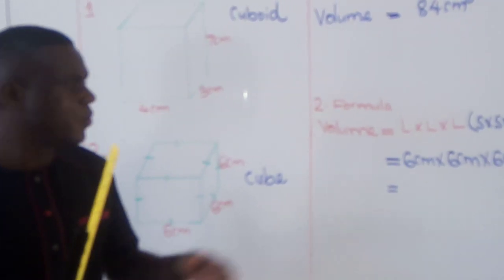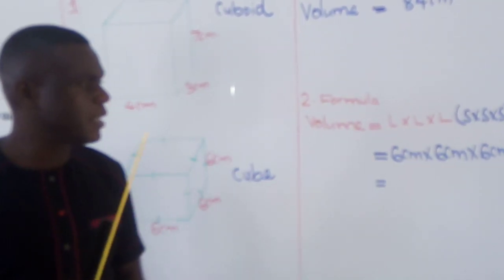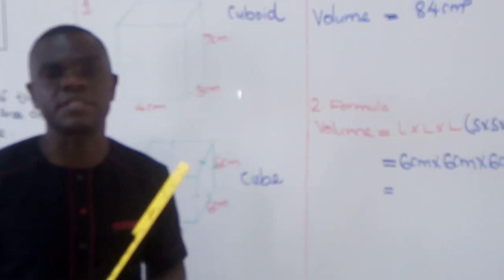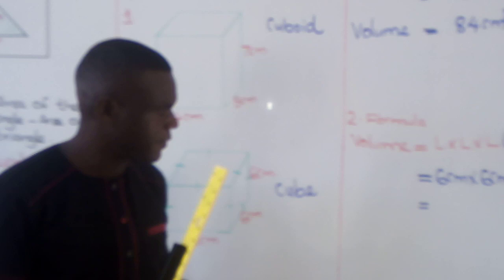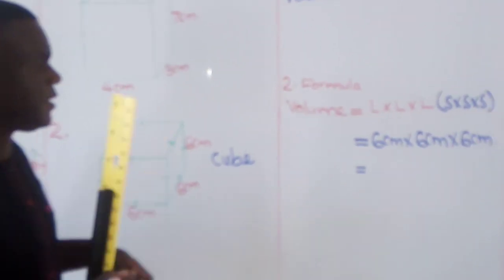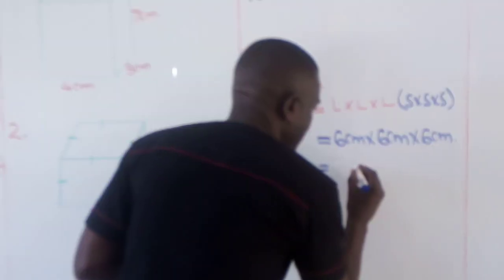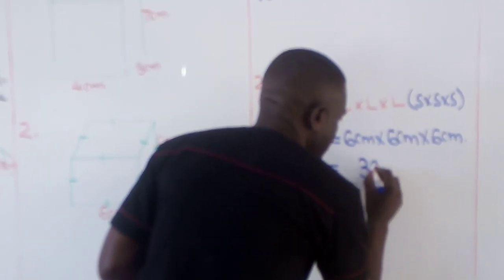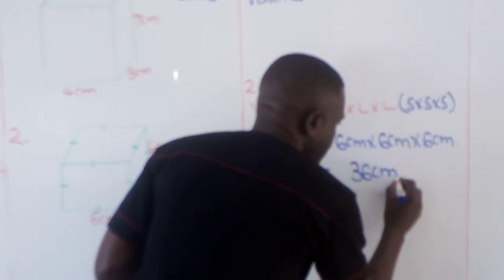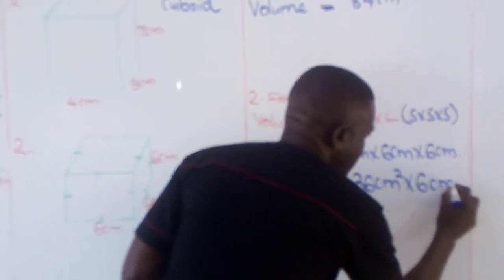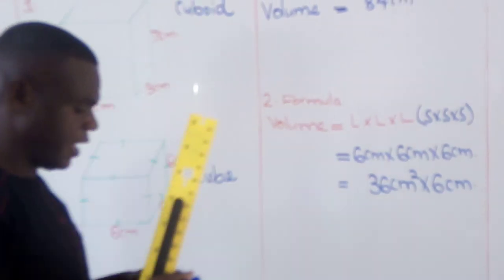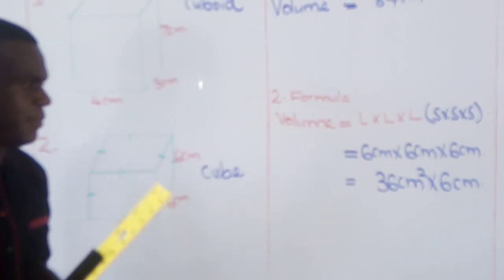Claudia, what is 6 centimeters multiplied by 6 centimeters? Wonderful. 6 multiplied by 6 is 36. So we have 36 centimeters multiplied by 6 centimeters multiplied by 6 centimeters.